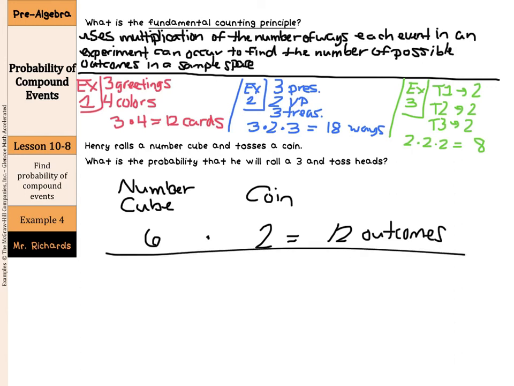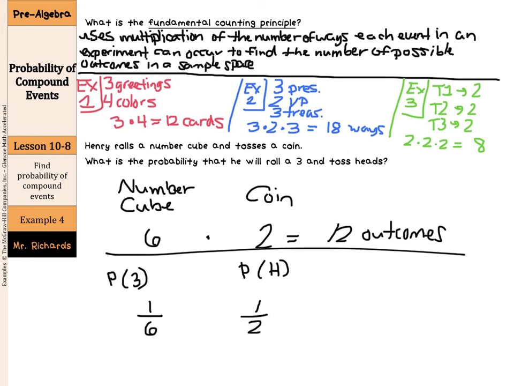Now, in finding the probability, what is the probability of getting a 3? It's 1 out of those 6. What is the probability of getting a heads on the coin? It's 1 out of those 2.